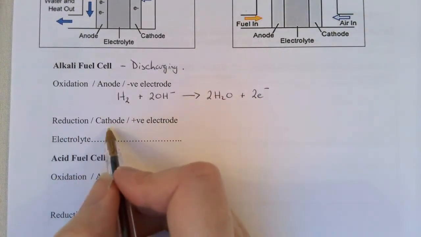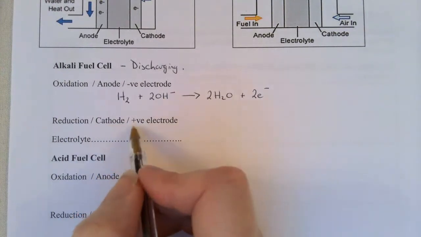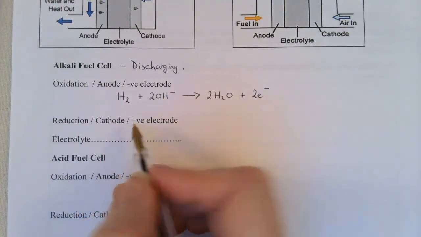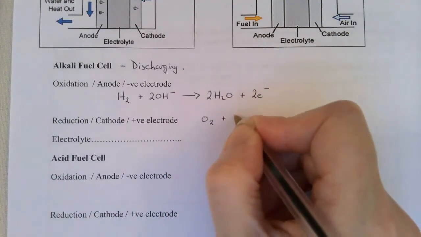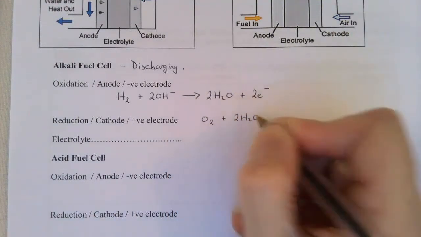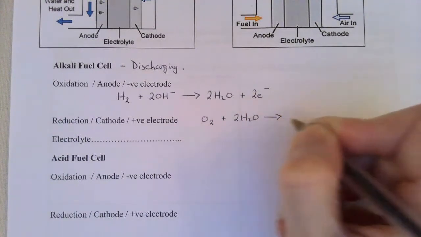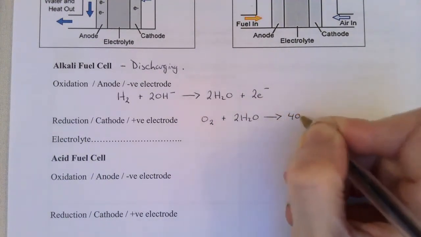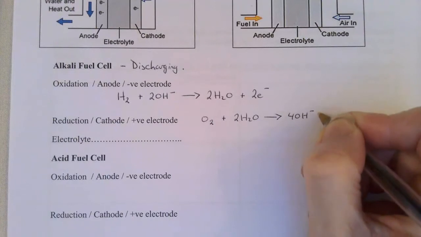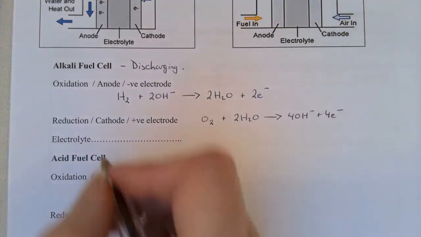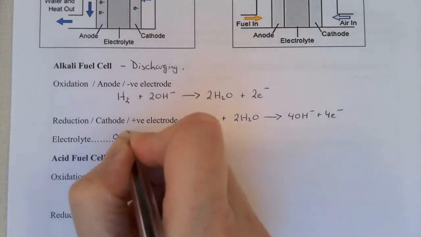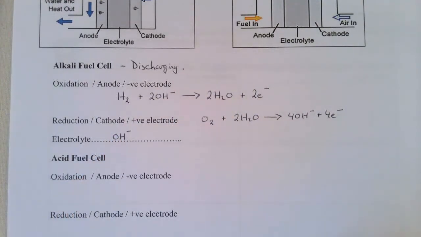And the other side, we've got the reduction reaction. This is my positive electrode, and here my oxygen and my water are being reduced to those OH negative ions and my 4 electrons. And in here, my electrolyte is obviously my OH negative because this is an alkali fuel cell.